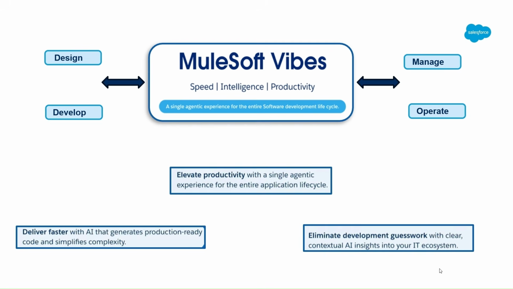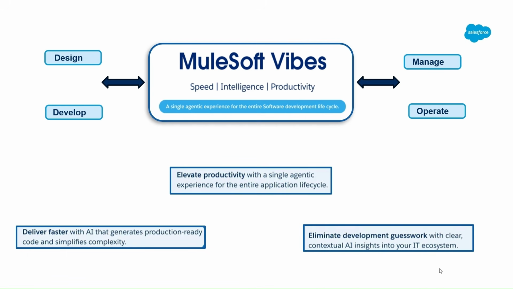Okay, and so for the design part, in MuleSoft Vibes, design becomes more conversational, adaptive, and AI guided. I just describe the business capability, the systems involved, the functional and non-functional needs, and the performance expectations.